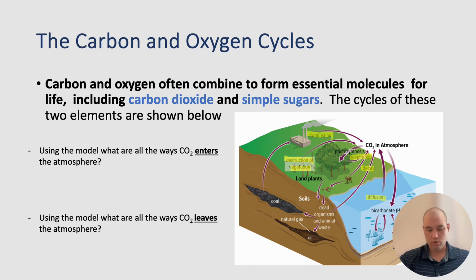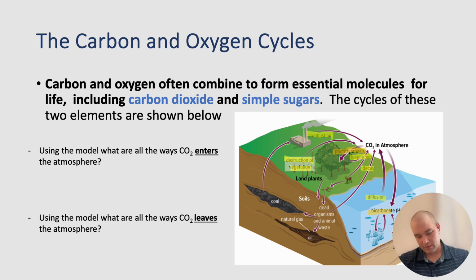So from this, what are ways that it leaves the atmosphere? One of the big ones is photosynthesis. Plants performing photosynthesis use CO2 and convert that into oxygen, which then brings the CO2 out of the atmosphere.